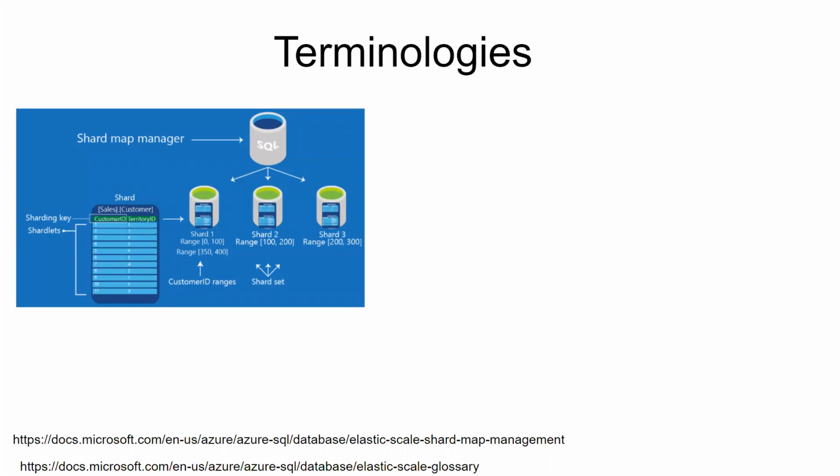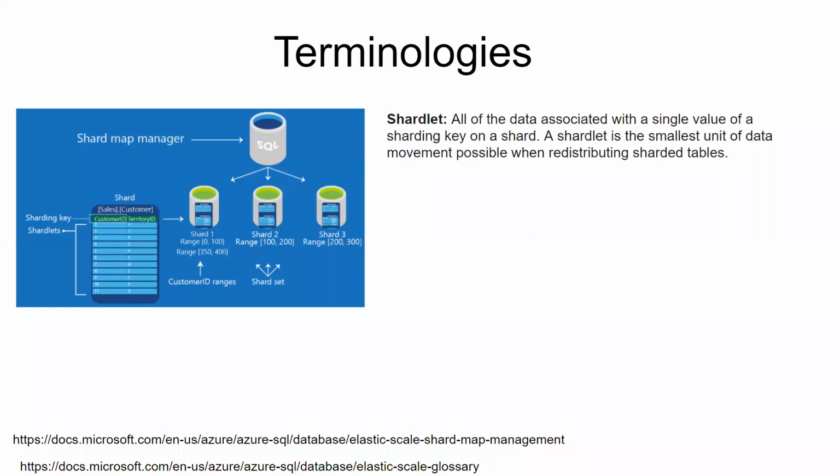So starting with a bit of terminology here. Like I said, they introduced this concept of shardlet that I wasn't aware of. And what they're saying here is that let's say you have three shards, and within each shard, right, you have shardlets defined, and a shardlet is basically the smallest unit of data that you would need when you're redistributing, when you're doing this reshuffling of data.